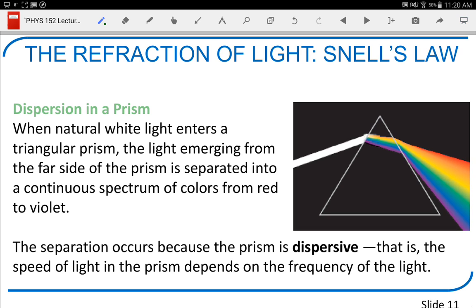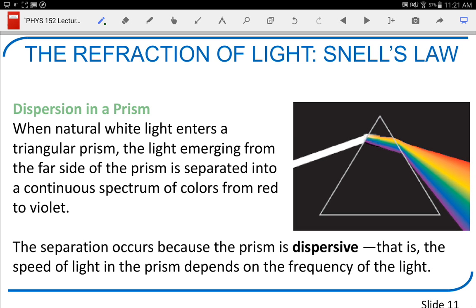But if the speed of light varies by color, that means the index of refraction varies by color, which means that the angles of refraction vary by color. And so the ones with the higher speeds are refracted less. The ones with the slower speeds are refracted more. And so you get different colors.